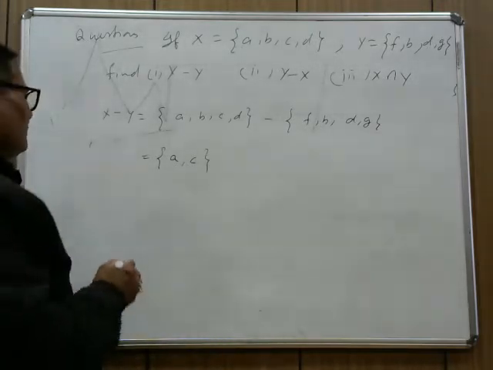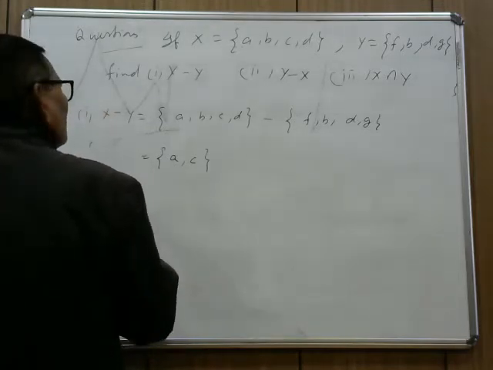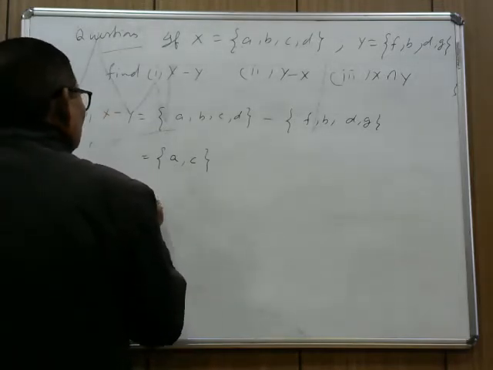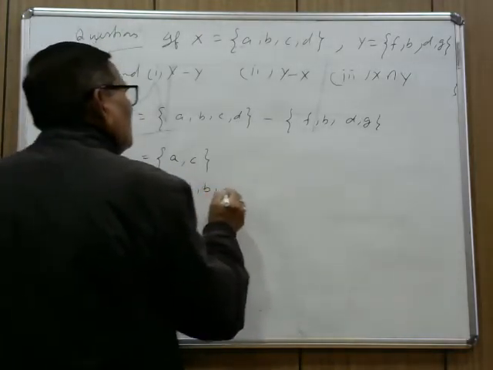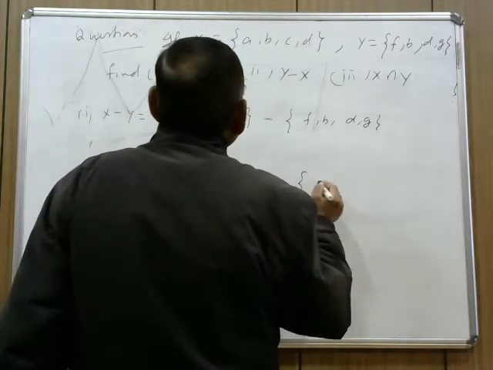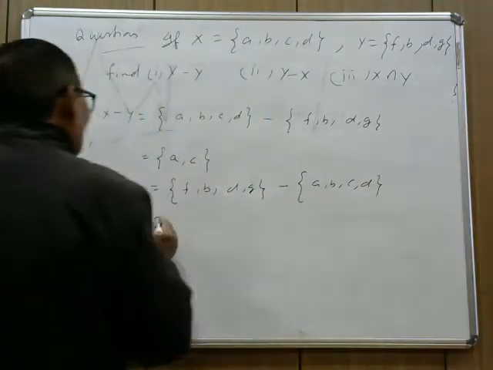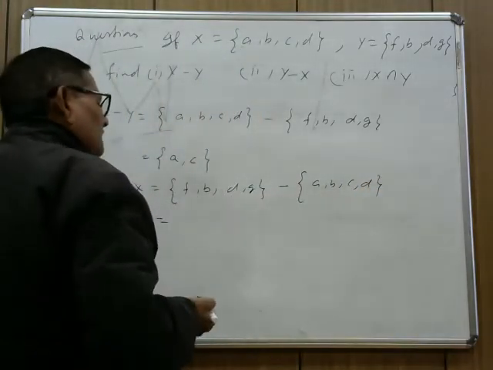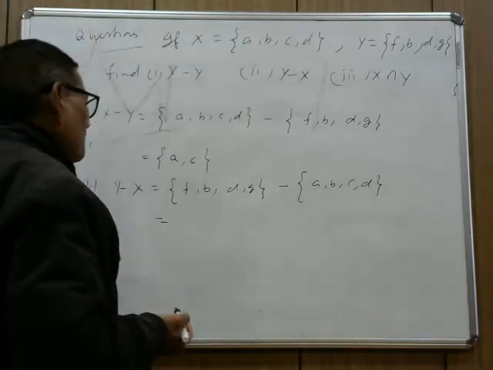Now second, y minus x. You write set y, F B D G, minus x, A B C D. Now y minus x consists of those members of y which are not members of x.